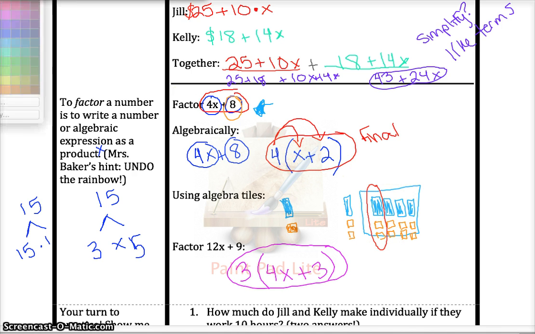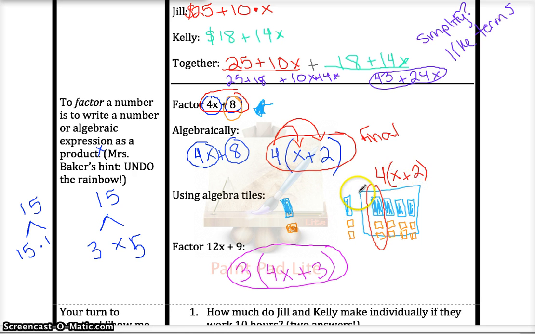Well, I have 4 of them. So in red, I'm going to put that I have 4. So basically, I'm using 4 times of these blues, and 4 times these orange is going to get me 4x plus 8. And so my final answer would be 4 parentheses x plus 2.